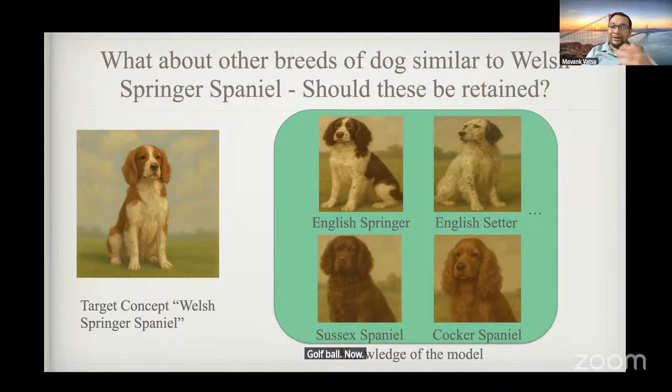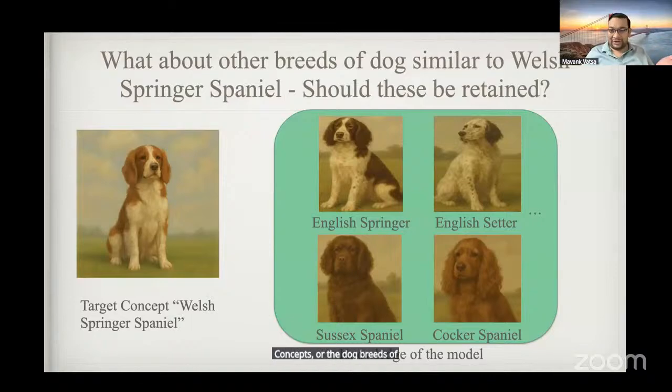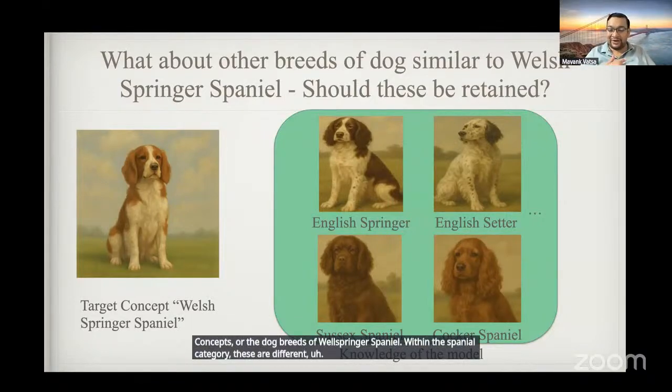Now, what if my overall data set has related concepts like English Springer, English Setter, Sussex Spaniel, or Cocker Spaniel? These are very closely related concepts, the dog breeds related to Welsh Springer Spaniel. Within the Spaniel category, these are different sub dog breeds, very close to each other, feature wise also.